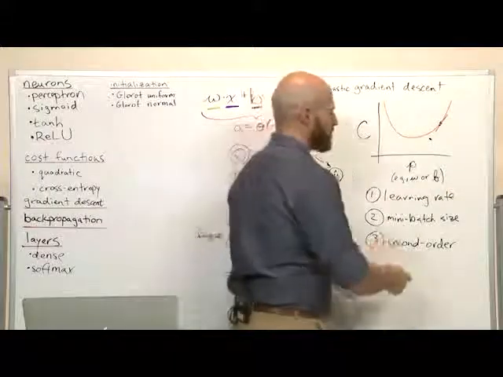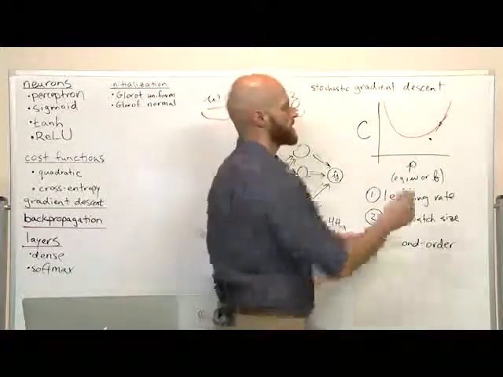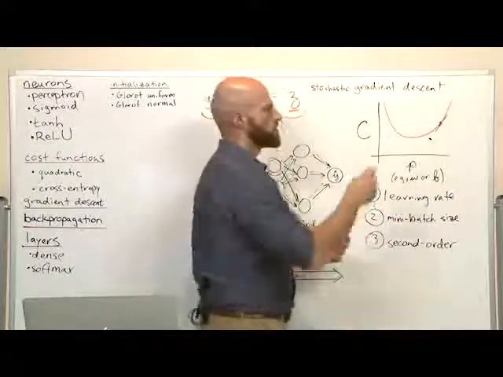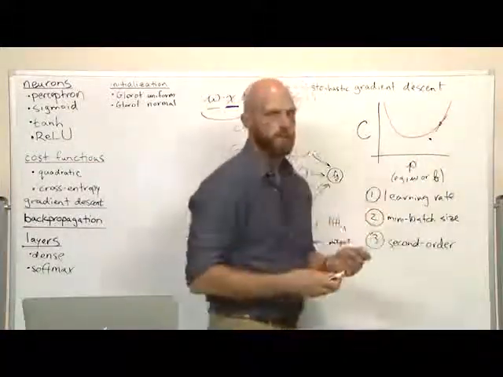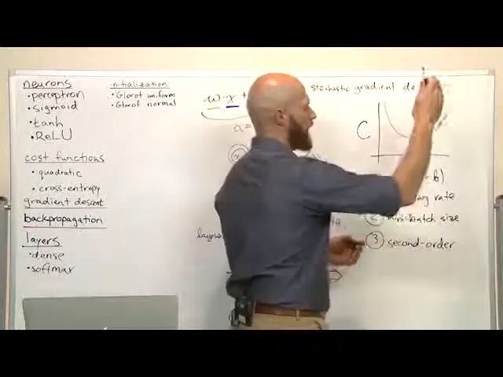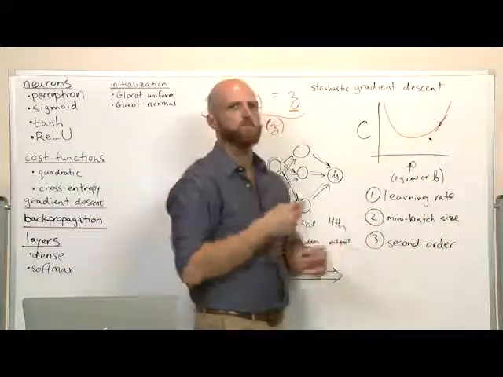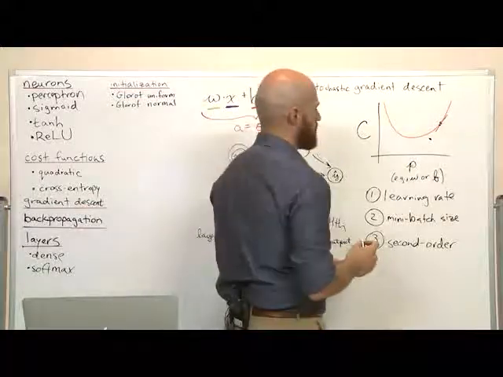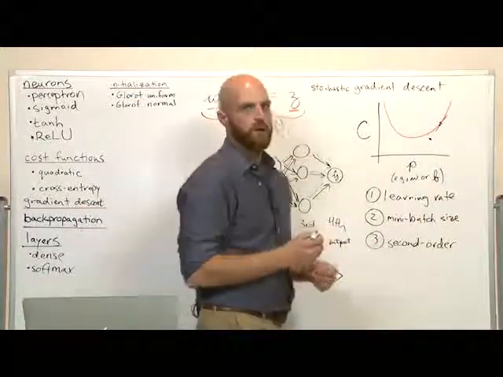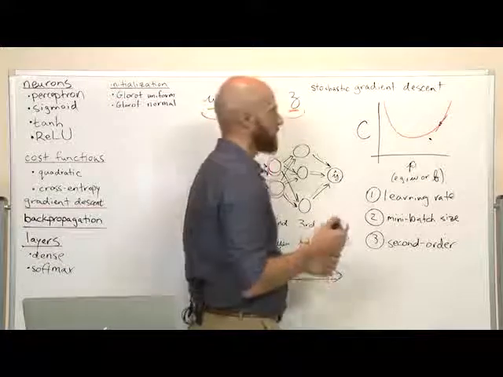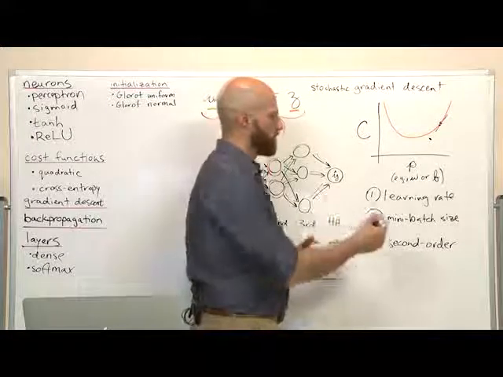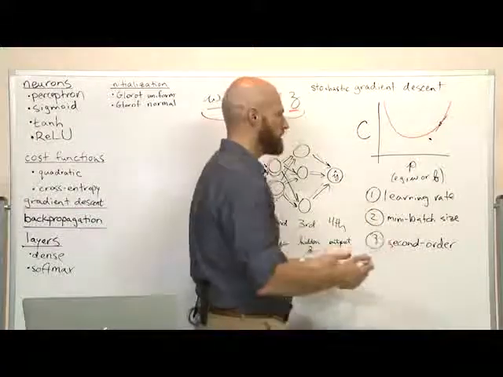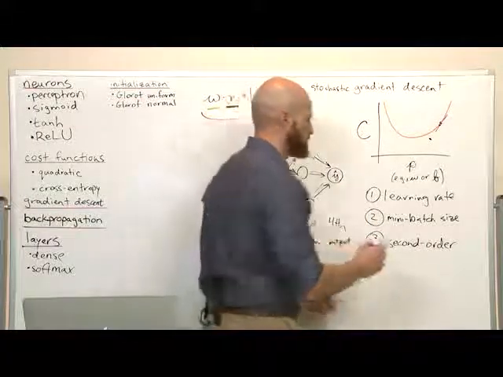A second order calculation takes into account our momentum or our acceleration into the current time step. So we're considering how quickly the gradient has been moving in the previous step.